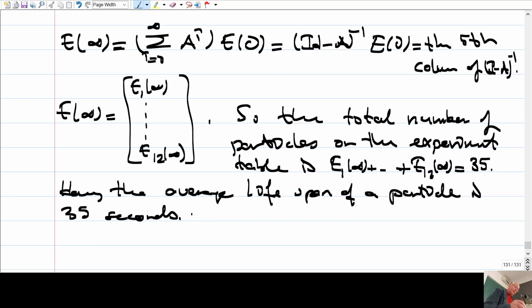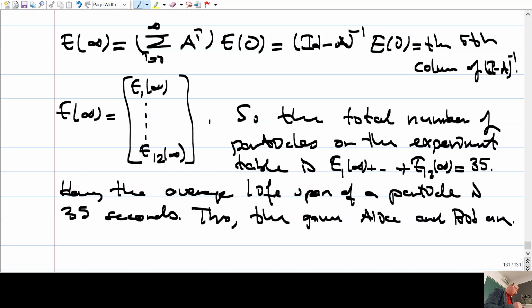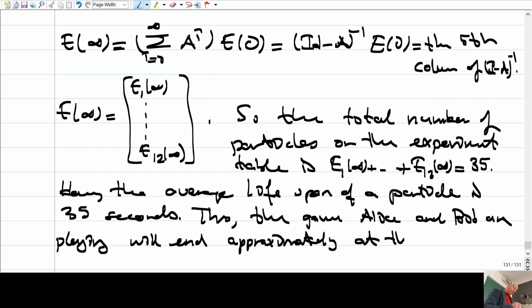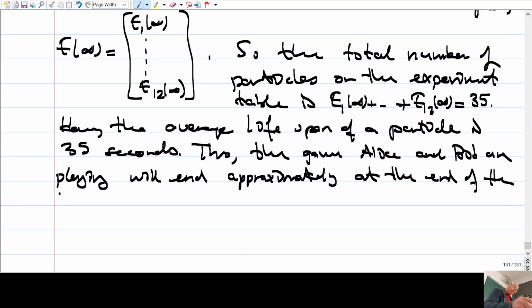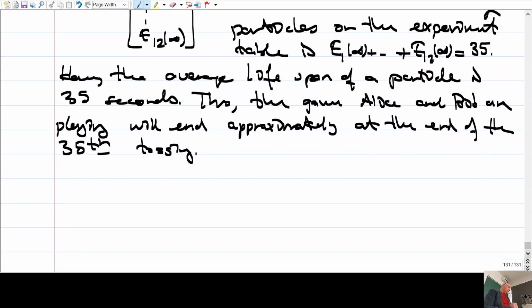Hence, the game Alice and Bob are playing will end approximately at the end of the 35th tossing.